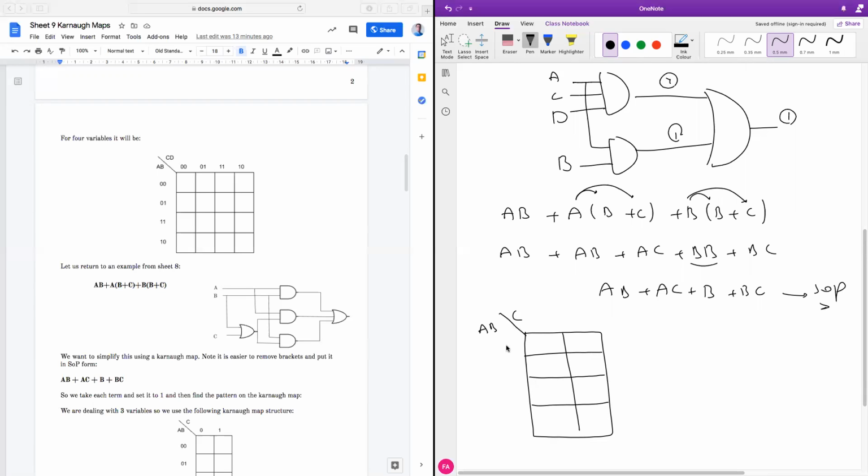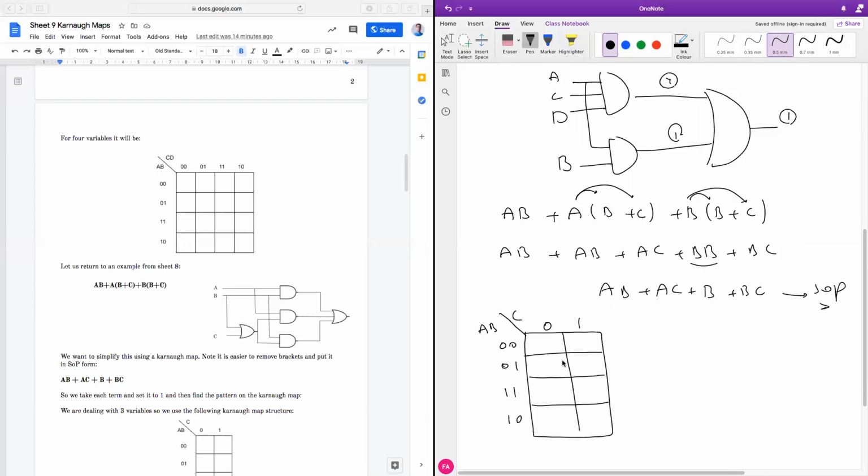So inputs 0, 0, 0, 1, 1, 1, 1, 0, and 0, 1 are the inputs for C. But which cells are 1? We are looking only for ones in K-map. How to find them? Look guys, SOP form helps us to find the ones.